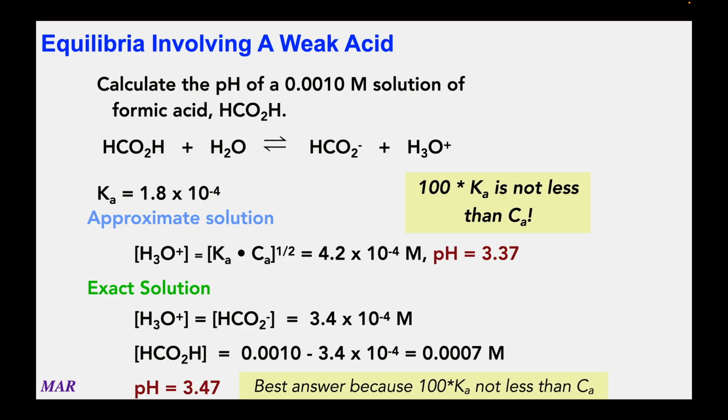And that is not less than Ca, which is 0.0010 or 1.0 times 10 to the minus 3. So in this problem, 100 times K is greater than Ca. And if that happens, you really should use the quadratic formula. And that's what the values are given down below there. So this is just an example of how it doesn't work all the time. But if you check for 100 times K being less than C, it should be good to go.